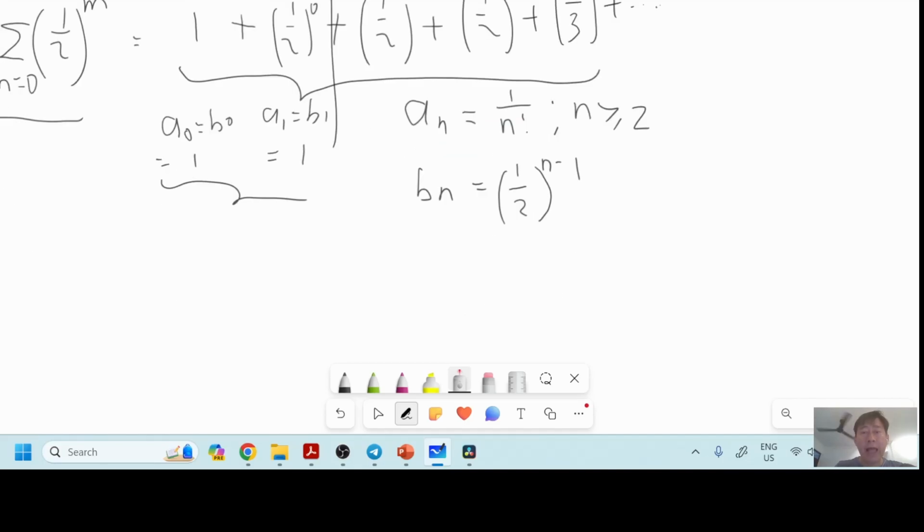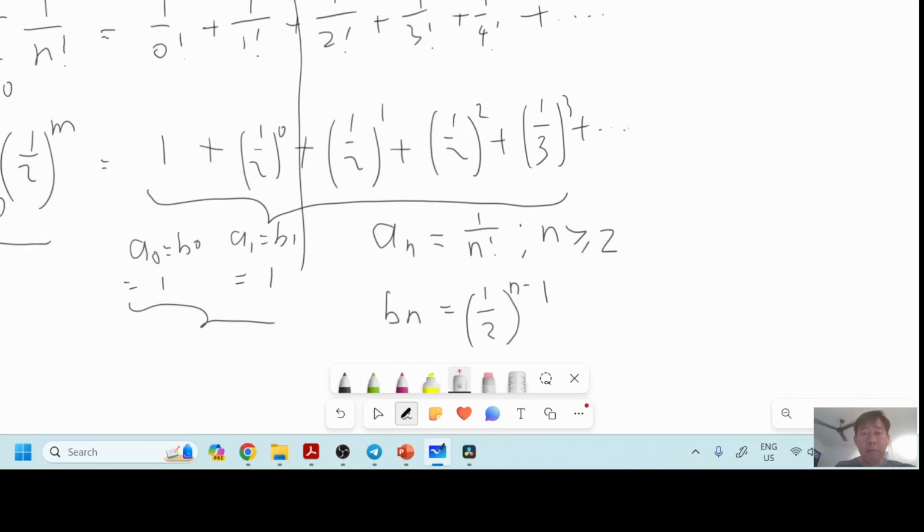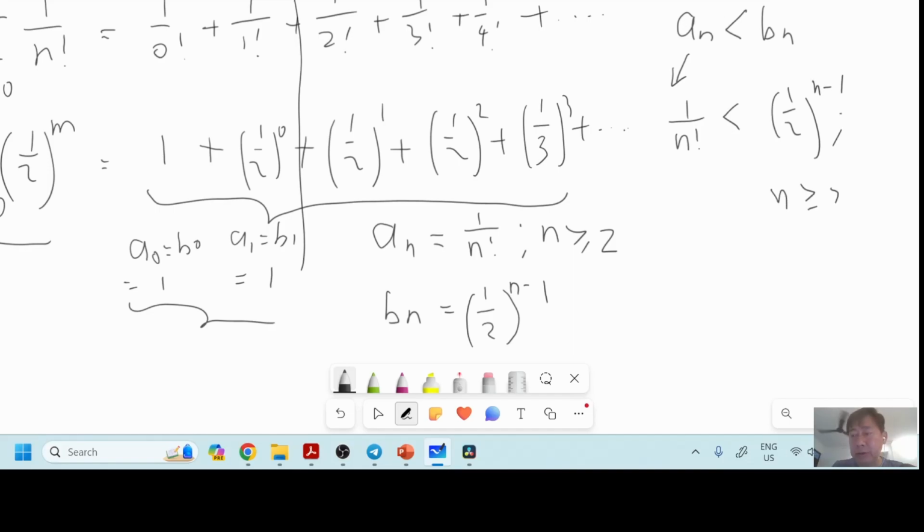And we want to argue that if you make this comparison one by one, An is always smaller than the corresponding term in Bn, where the n-th term in An is given as 1 over n factorial. The terms in Bn are half raised to the power of n minus 1, where n is larger than or equal to 2.